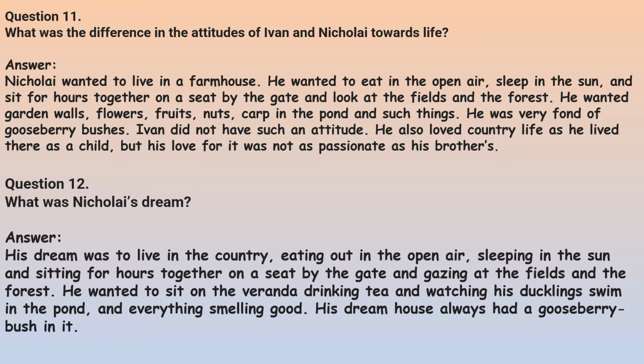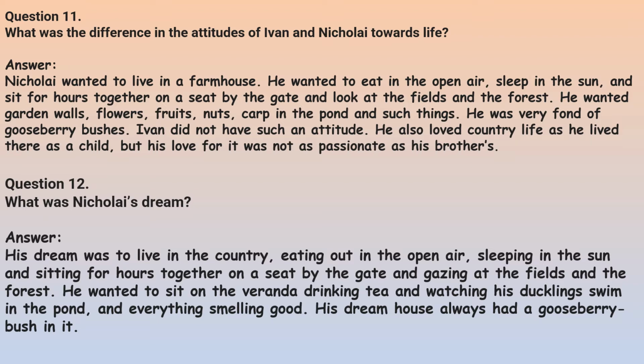He wanted garden walls, flowers, fruits, nuts, carp in the pond and such things. He was very fond of gooseberry bushes. Ivan did not have such an attitude. He also loved country life as he lived there as a child. But his love for it was not as passionate as his brother Nikolai's.